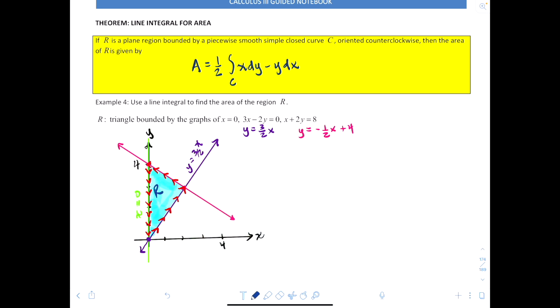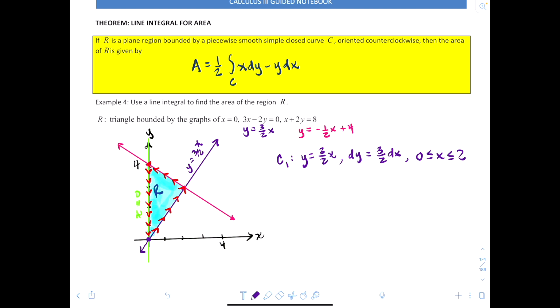Groovy. Let's do it. So going in order of our orientation, our first curve was y is equal to 3/2 times x, right? So dy will be equal to 3/2 dx. Cool so far? And then we're going from zero is less than or equal to x is less than or equal to 2.